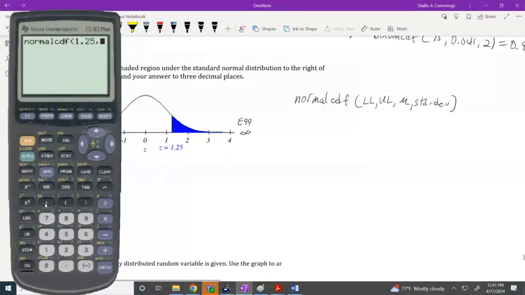The e is above the comma, and it's a yellow function, so I'm going to hit second and the comma, and it gives me e. I'm going to raise that to the 99th power, comma. Since this is a standard normal curve, the mean is 0 and the standard deviation is 1. So I'm going to put in 0, 1.